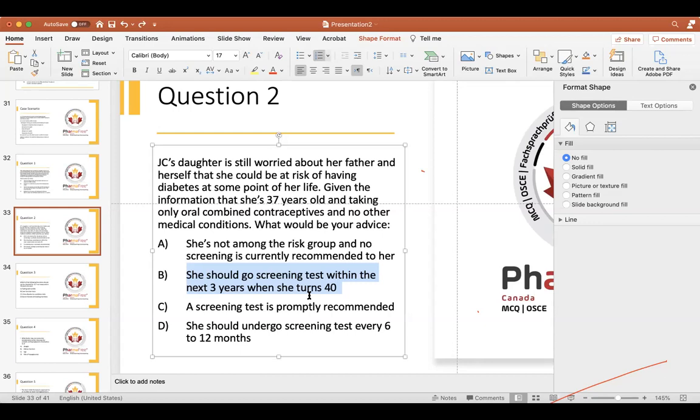No risk factor, it's about the age: 40 and above, every 3 years. Under 40, no screening needed. For now there is no screening needed, correct? So A is correct. B as well: there is a part in B which is correct, when she turns 40 years old.